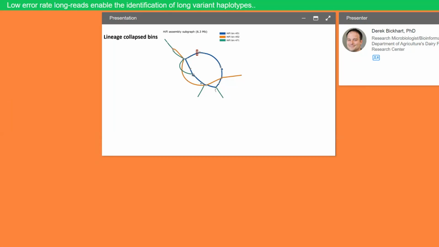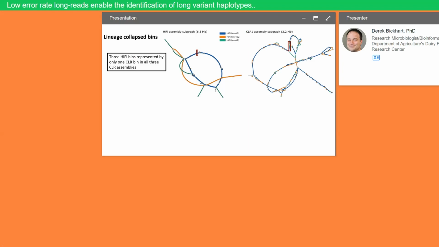This is the HiFi assembly graph, and each of the HiFi bins that were composites of this are labeled in different colors, with blue being HiFi bin 451, orange 452, and green being 471. You can see that even though they have similar regions that result in the connections between all 3 bins, you can sort of pull them apart yourself and create each separate bin yourself.